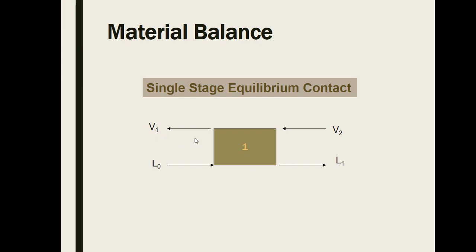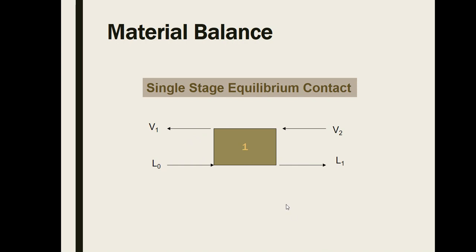You have to understand, and this is really to be emphasized, that the phases that are equilibrated here are the leaving phases or the exiting phases from a particular stage. So whether we're using a multi-stage process or a single-stage process like this, the equilibrated streams are the streams that leave a particular stage. In this case, that would be L1 and V1.